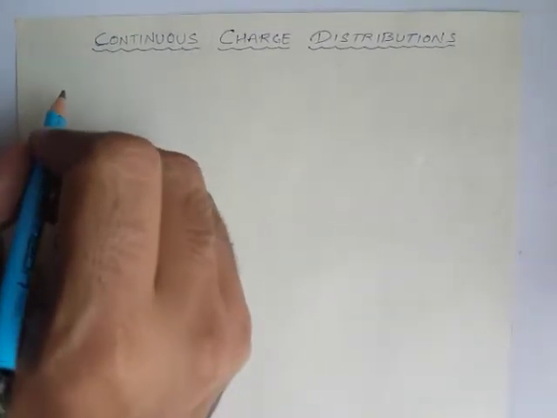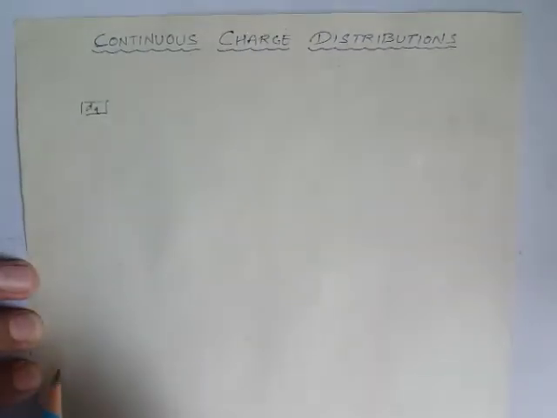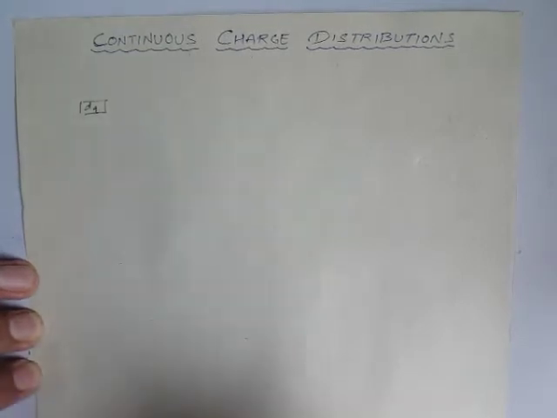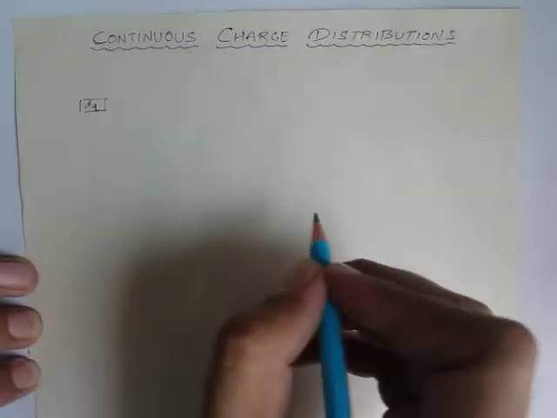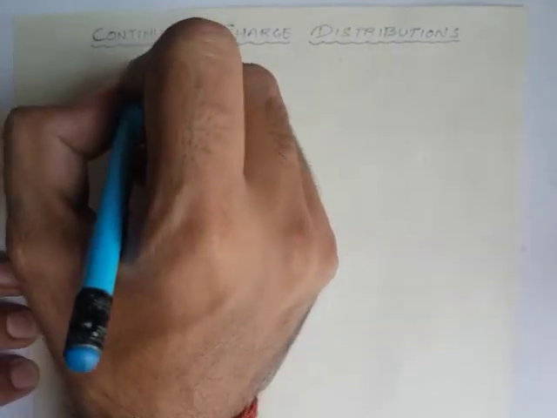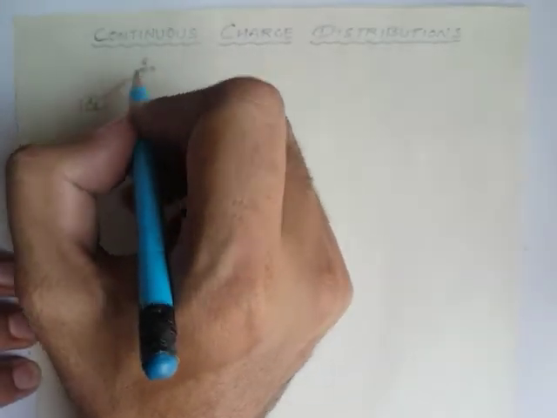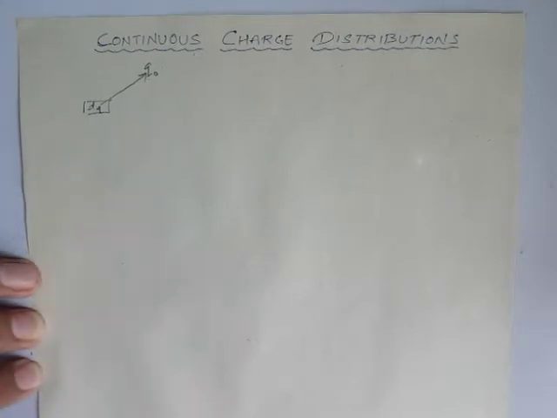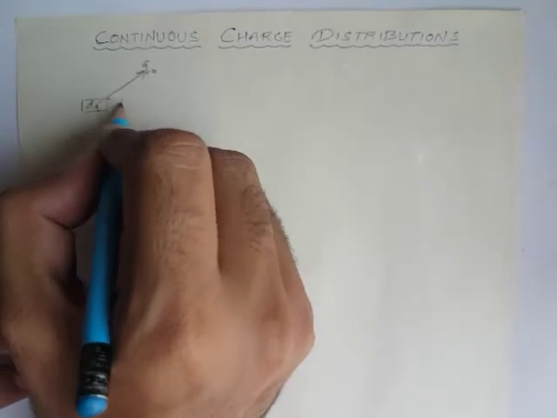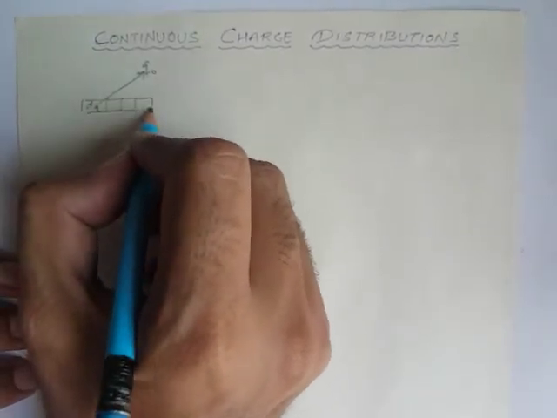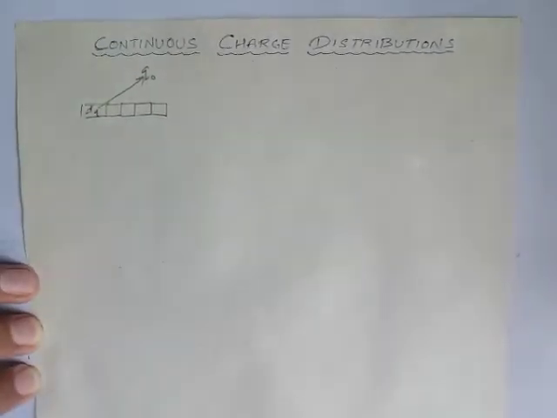Let's consider a small charge over here, let's say a dq charge. According to Coulomb's law, the force on a point charge q naught due to the small charge, and as I said, they are distributed in a continuous manner. dq here, dq here, dq here, these are the charges distributed.